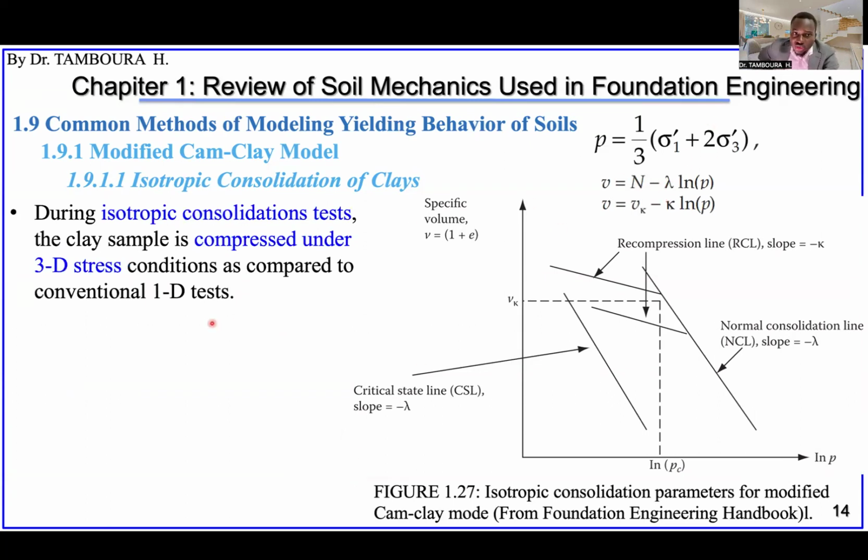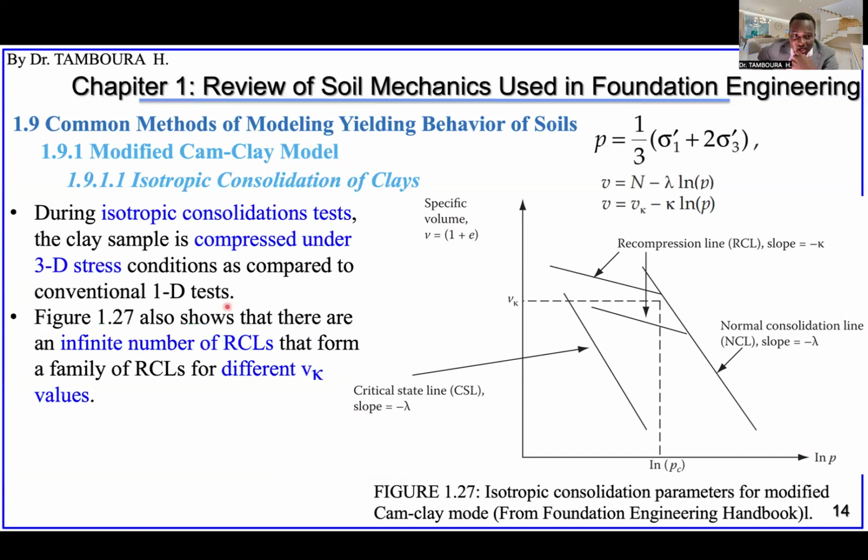So during the isotropic consolidation test, the clay sample is compressed under a 3D stress condition. Same as the 1D test I presented before. In this figure we can also see that there are many of this type of line, the RCL line. This line, for example, is one possible one.